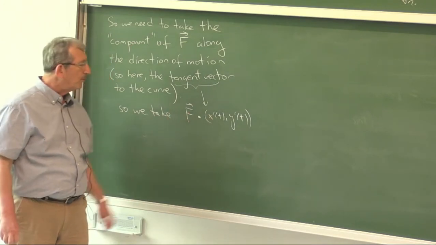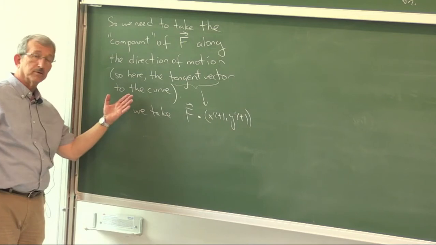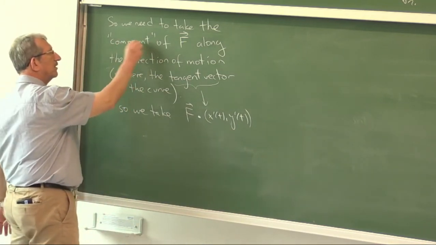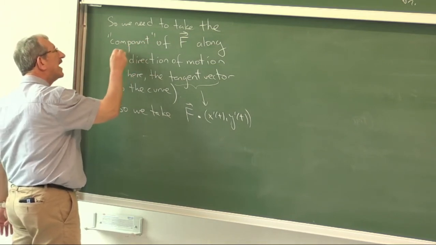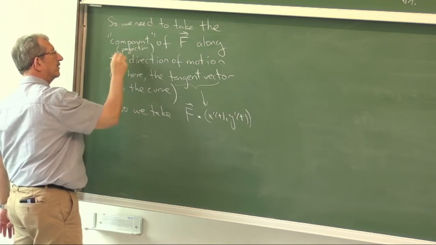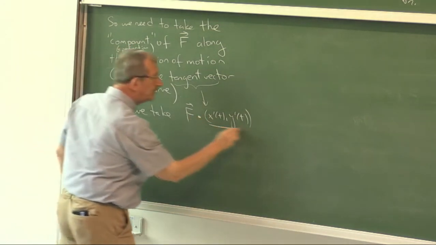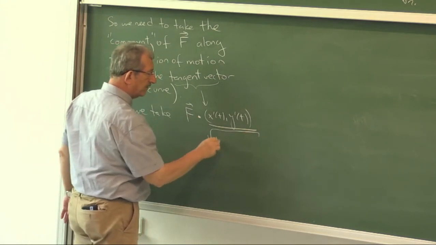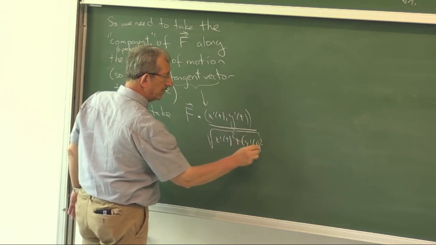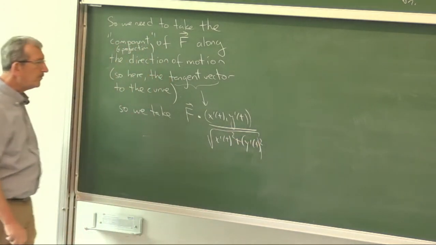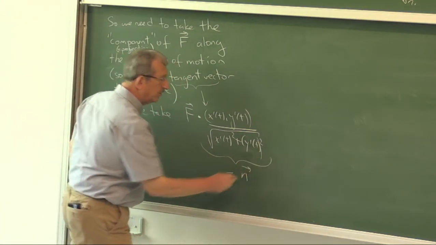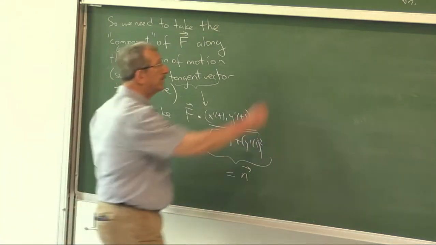To get the component, we have to take the projection, and this component means actually projection. We have to divide this by the length so that it's a unit vector. Well, this is nothing but our normal vector.